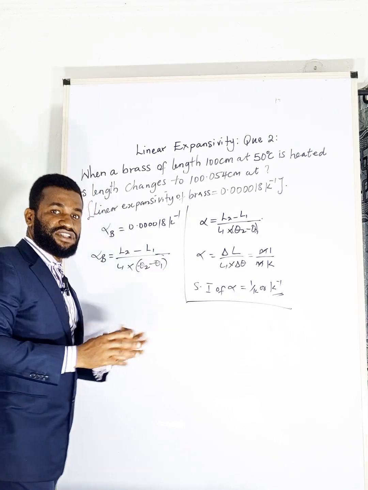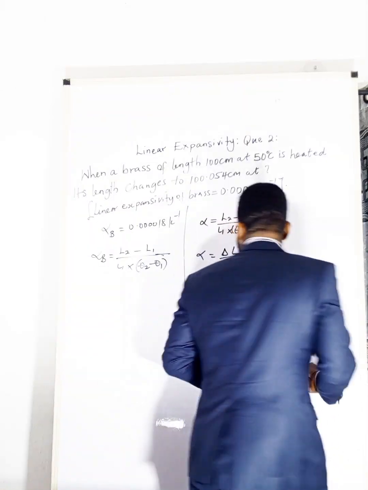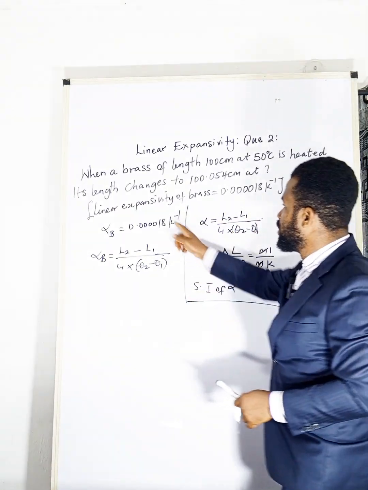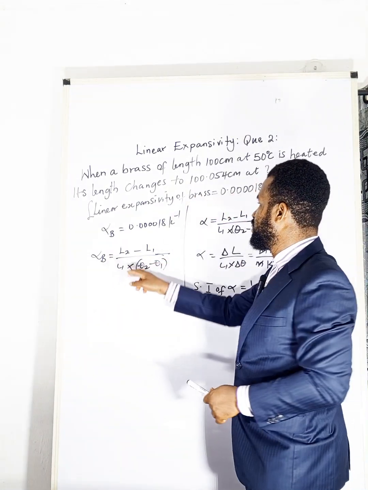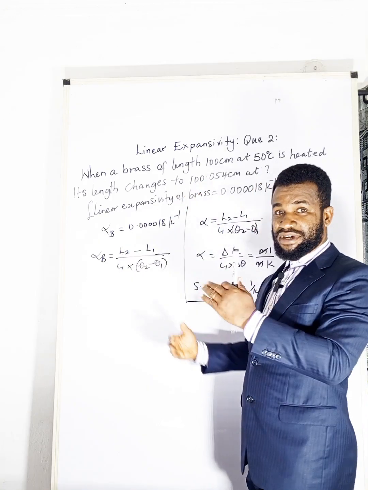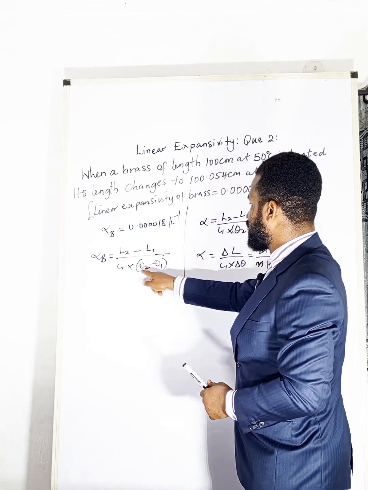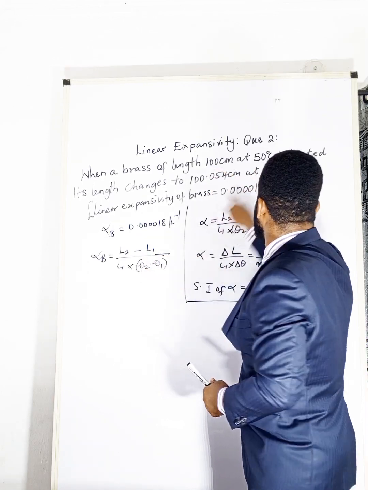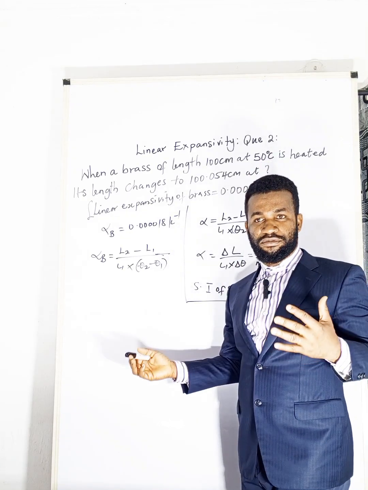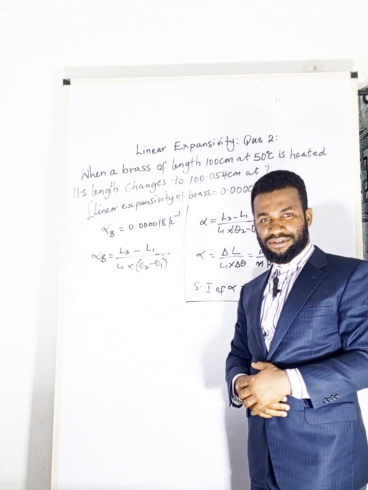So this is what I'm going to use based on the kind of question that I have. Now, the linear expansivity is there. L2 is this, because this is an increment in length. Then L1 is 100, which I'm going to put there. Theta 2 is what I'm looking for. Theta 1 is 50 degrees Celsius. So I'm going to slot in these values to see what we are going to get as our new temperature.